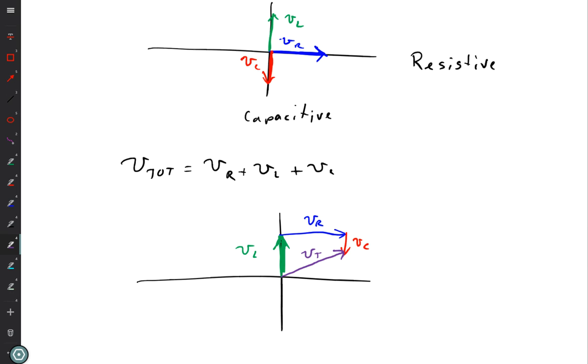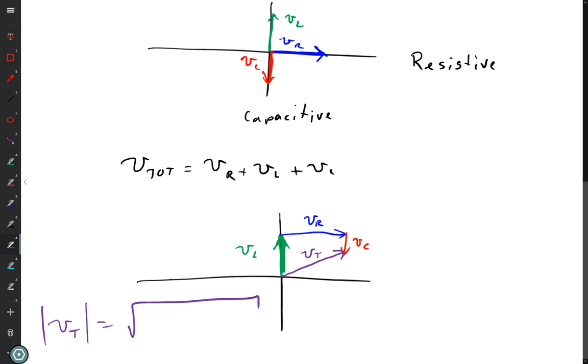And so how can I find the magnitude of V total here? That's right. The magnitude of V total is equal to the square root of the horizontal part squared plus the vertical part. Notice it's VL minus VC because VL was up and VC was down, quantity squared.